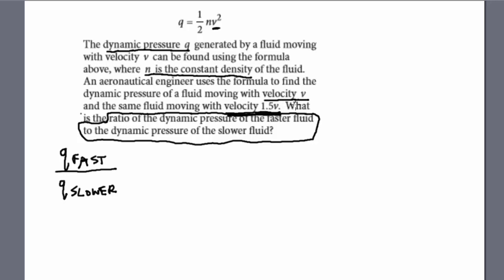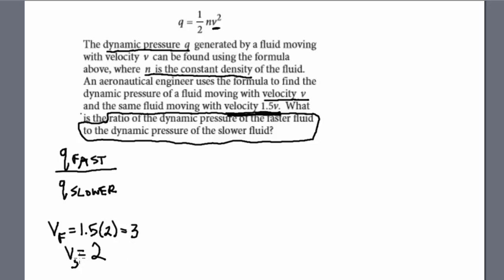So for example, let's say that the initial velocity, v, was equal to 2. So this is v slow. I'm just going to put an s there for slow. So the slower velocity, let's say it's equal to 2, whatever, 2 feet per second. Who cares, right? In that case, v fast, the faster velocity, is going to be 1.5 times the slower velocity, otherwise known as 3, right?